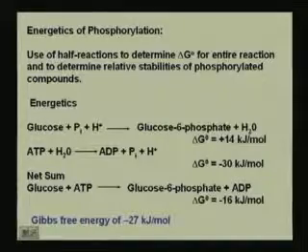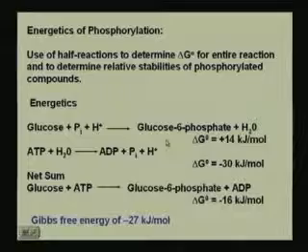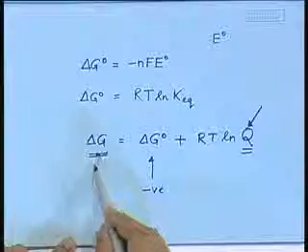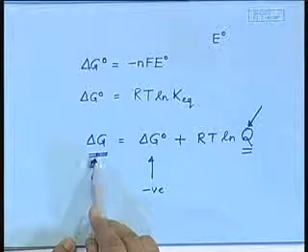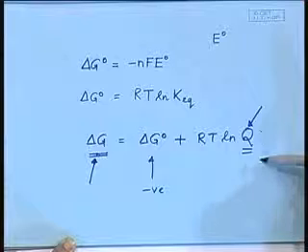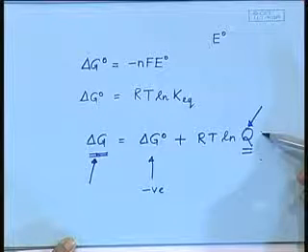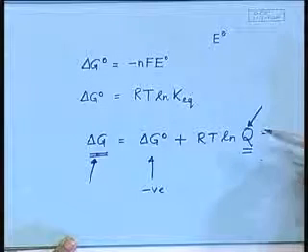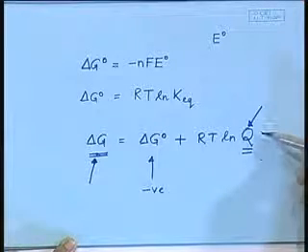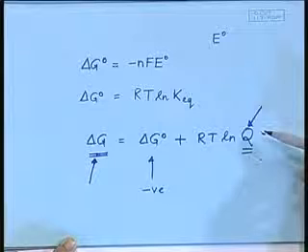If glucose 6-phosphate has too high a concentration, the delta G associated with the expression that we have written here will make this non-spontaneous. Remember I mentioned in the last class that glucose 6-phosphate inhibits hexokinase.